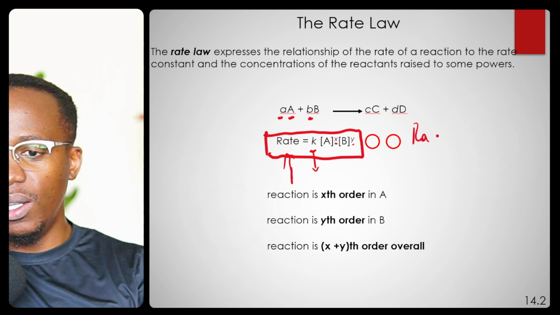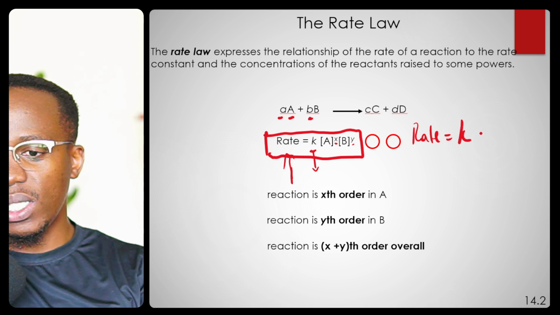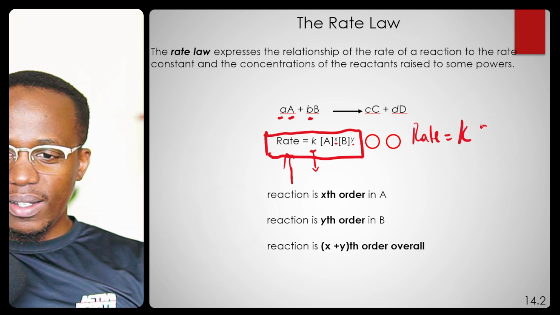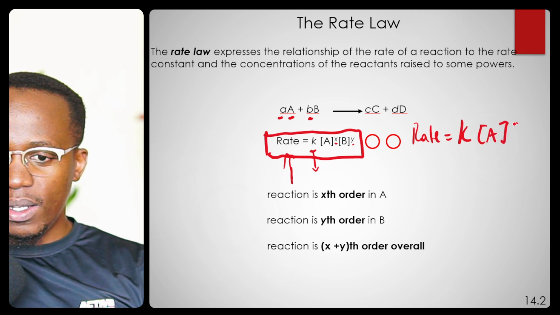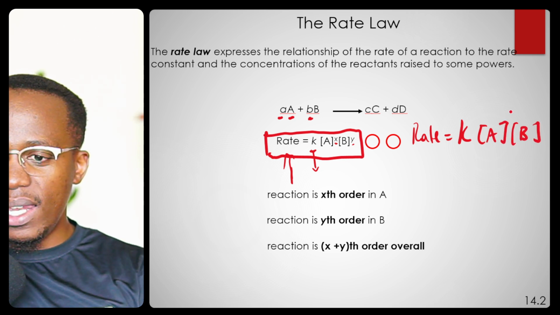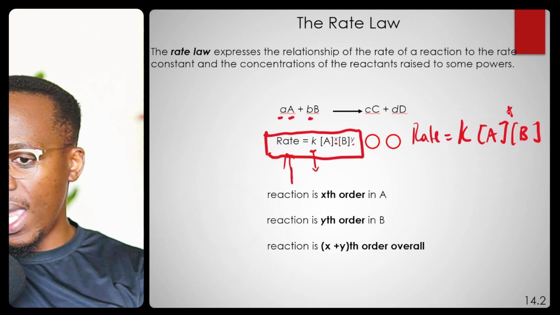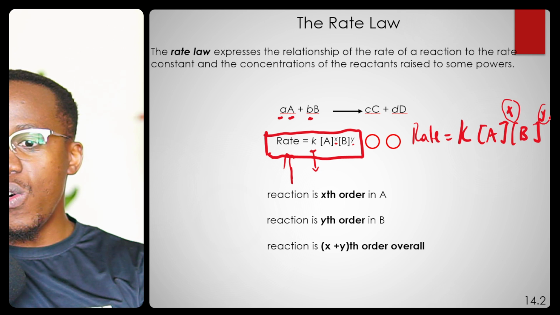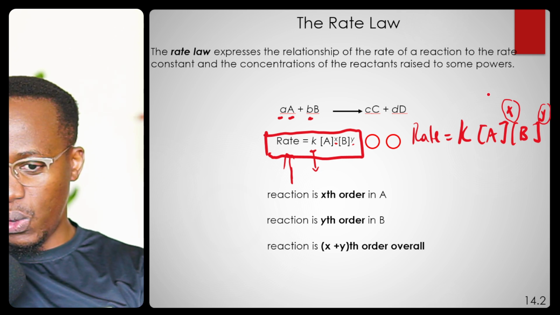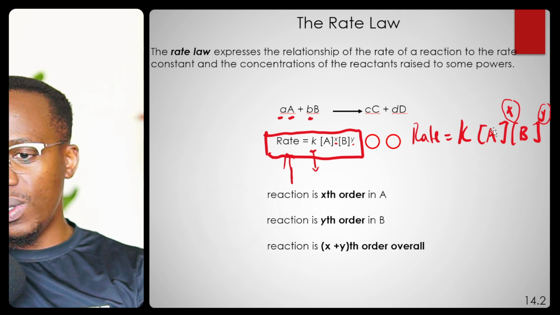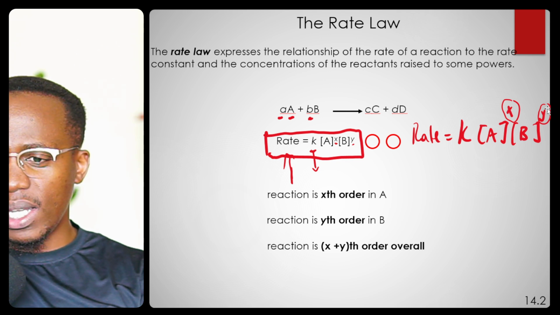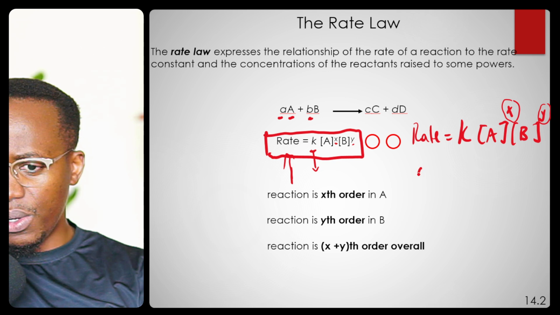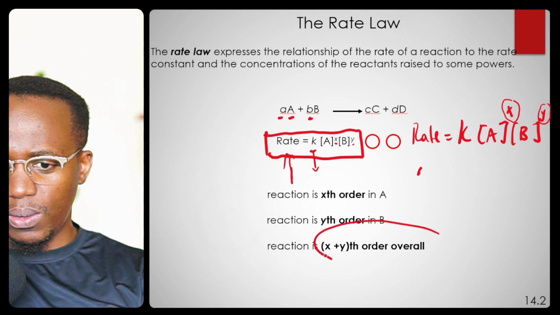So the rate law is equal to k, the constant, right? Every reaction has a constant, times A times B, and next to A and B we have x and y, and these are what we call the reaction orders, right? So it's telling you that A is at the order of x, B is at the order of y, and then the overall order is going to be equal to x plus y.